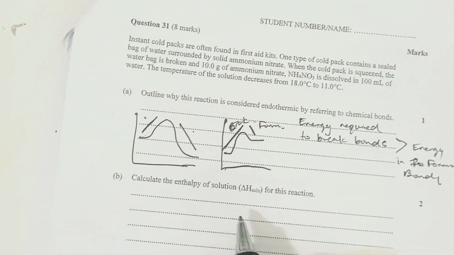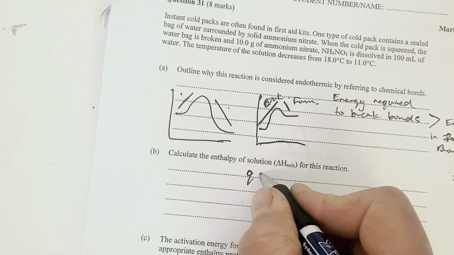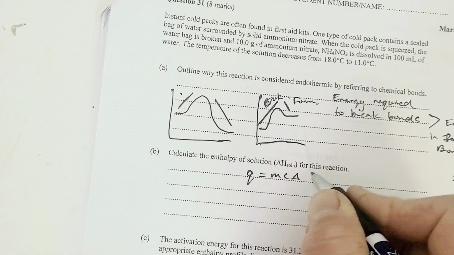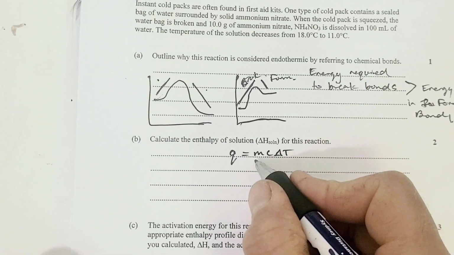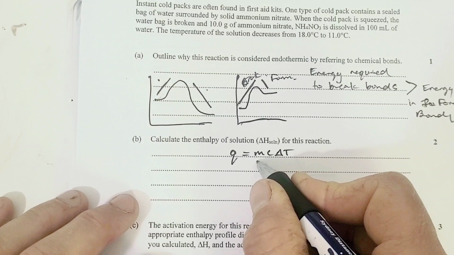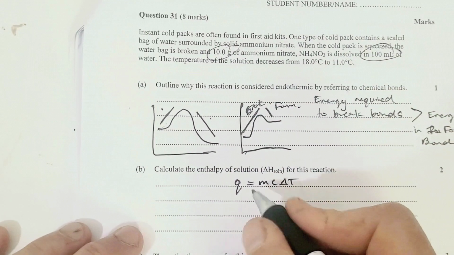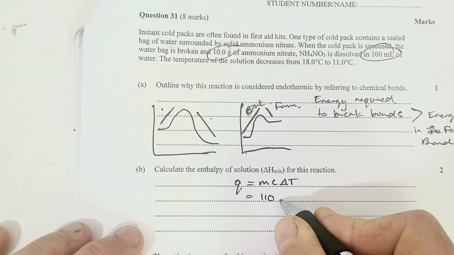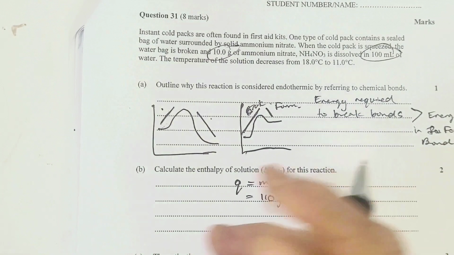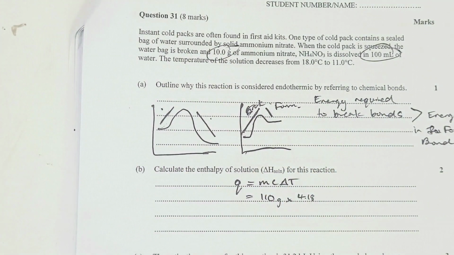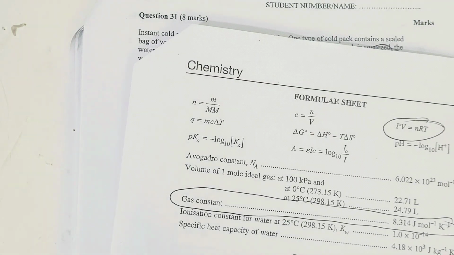Calculate the enthalpy of solution. So heat of solution, remember Q equals mc delta T. So what's the mass? Well, the mass is 100 plus the 10, so 110 grams times 4.18. That's the constant that we're going to use. Are we doing grams or kilograms here?